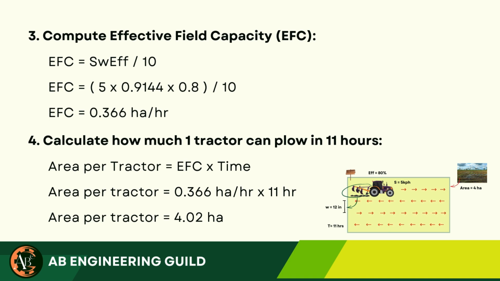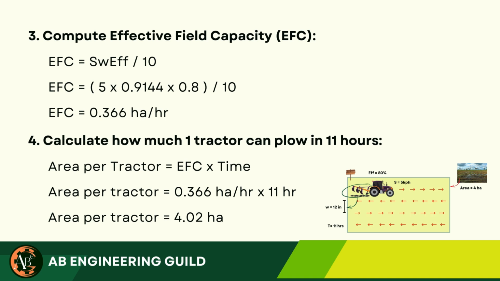We use the same formula as before, speed times width times efficiency, divided by 10. Substituting the values, we get 5 km per hour times 0.9144 meters times 0.8, divided by 10. That gives us an effective field capacity of approximately 0.366 hectares per hour. This means that one tractor can realistically plow about 0.366 hectares in 1 hour.